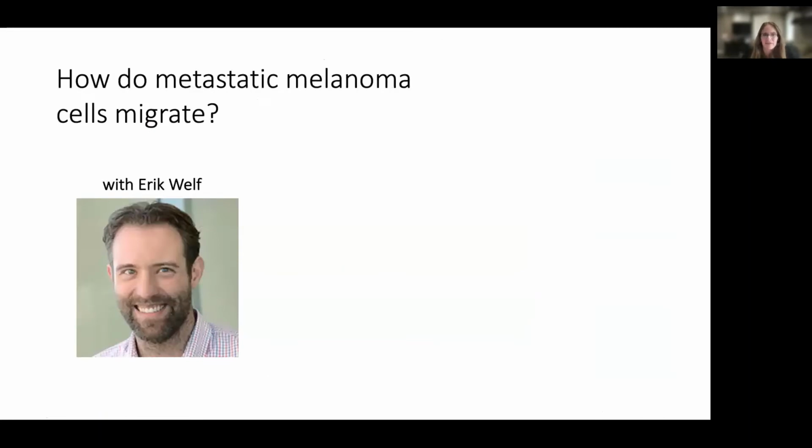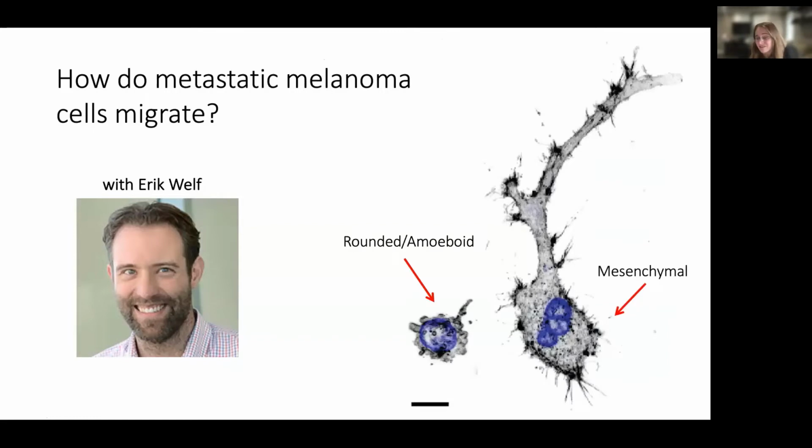All right, so Eric Welf and I, many years ago, decided to study how melanoma cells migrate in these soft matrices. Some human cells, like amoeba, are considered amoeboid, right? And melanoma cells can adopt this rounded amoeboid form, though they also sometimes adopt a more mesenchymal branched form.